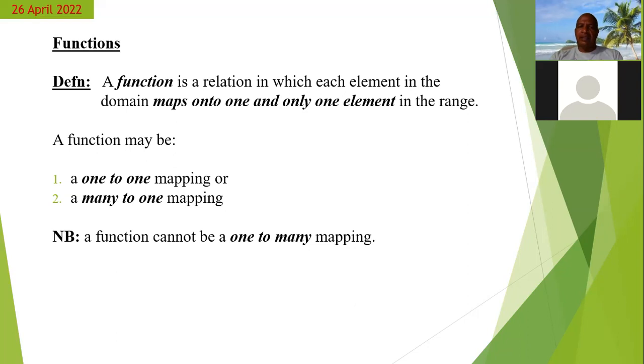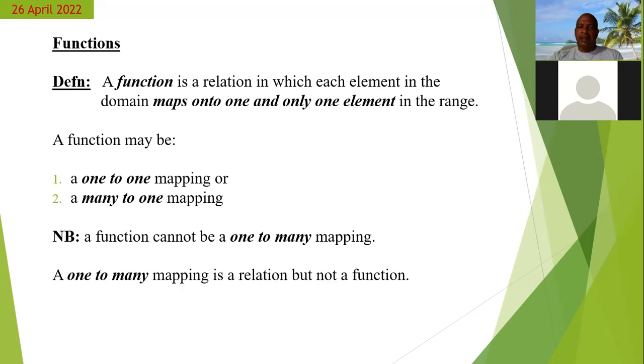All right, so remember though, all of these would be referred to as equations. So you can have equations that are functions and equations that are relations that we don't consider to be functions. All right, so a one-to-many mapping is a relation, but is not a function.